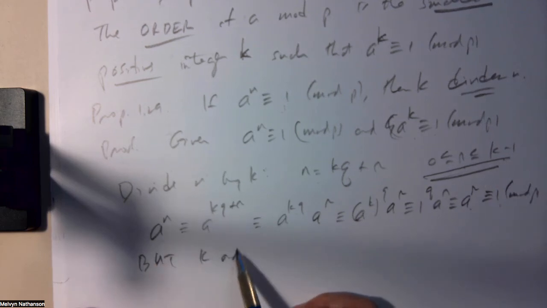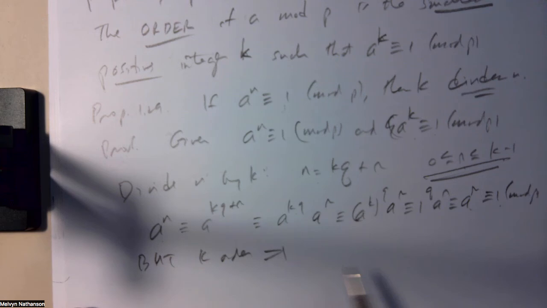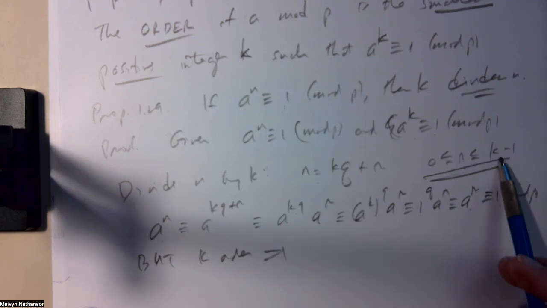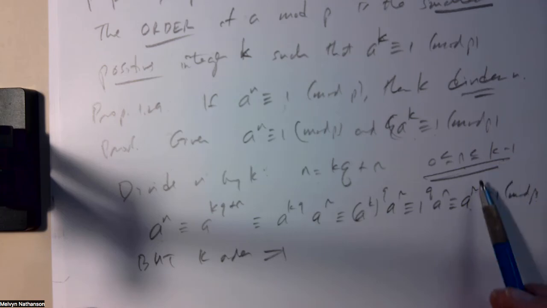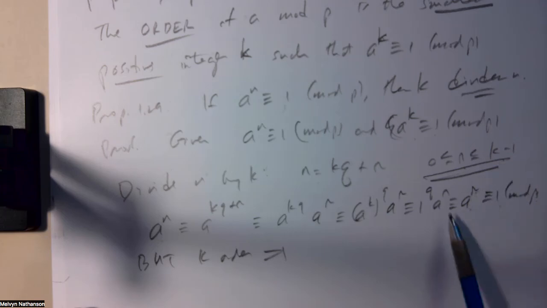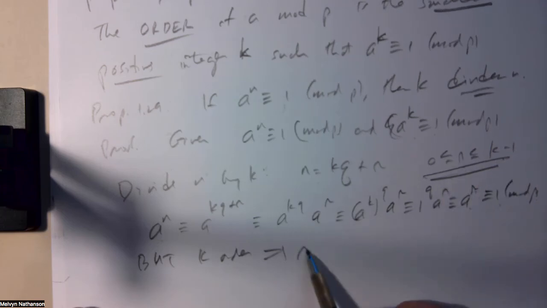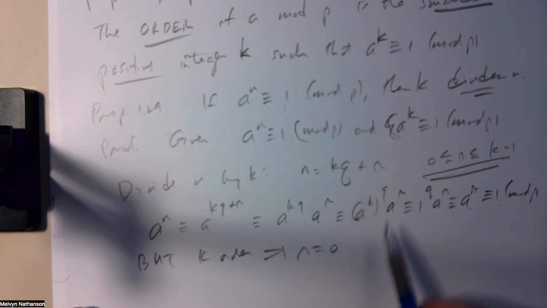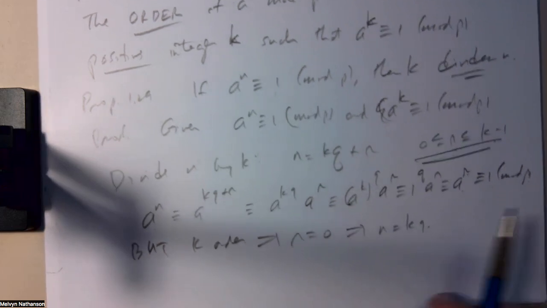But k, the order, is the smallest positive power of a which is 1 mod p. If r were positive, it would be smaller than k. So r cannot be positive. That means r has to equal 0, and n equals k times q.